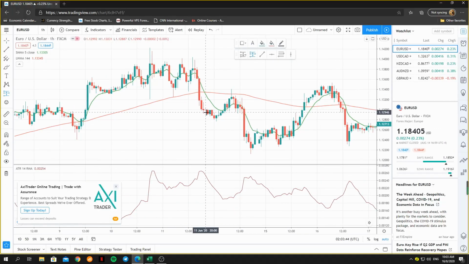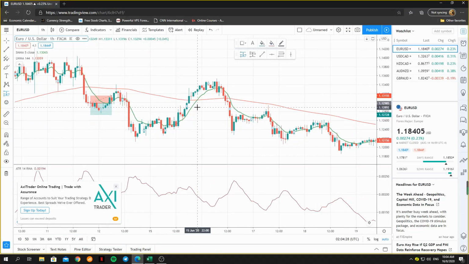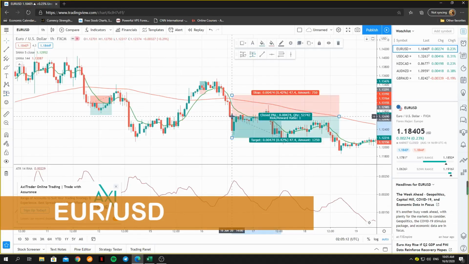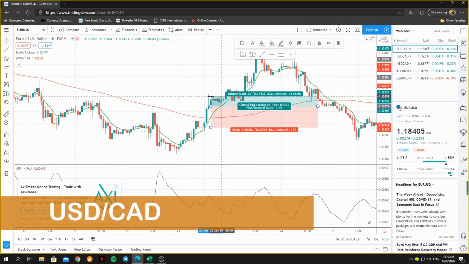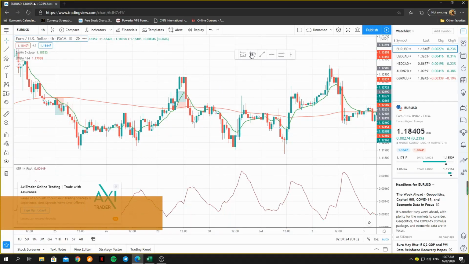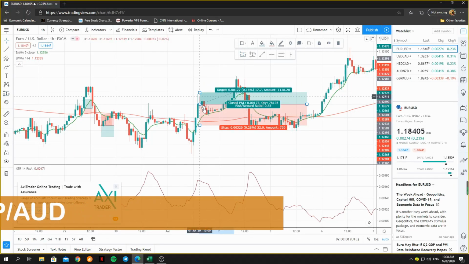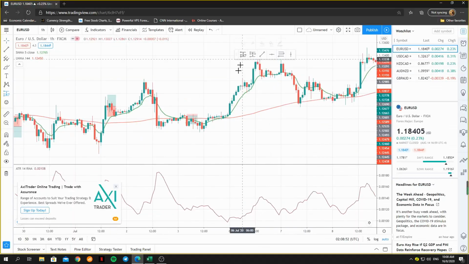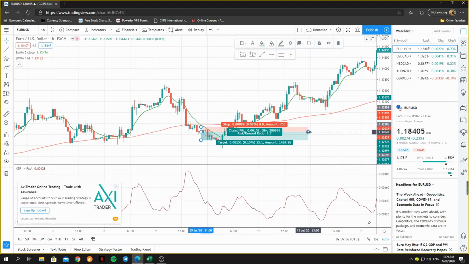In this backtesting, we have selected random currency pairs: EUR/USD, USD/CAD, NZD/CAD, AUD/NZD, and the last one will be GBP/AUD. Each pair will be tested for 20 trades.